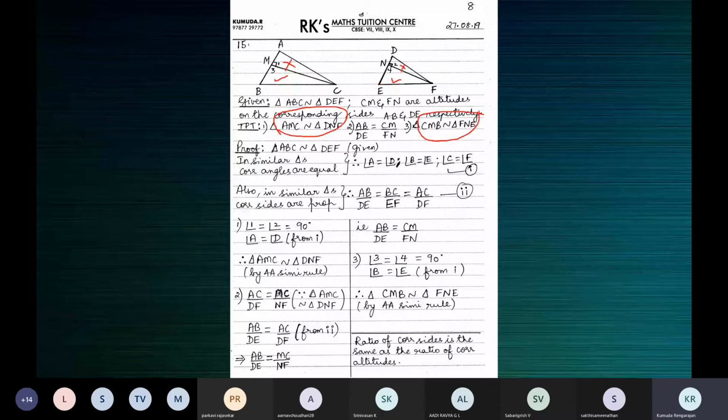Earlier we proved that the triangles on either side of the medians are similar to each other. Also that the ratio of the corresponding sides is the same as the ratio of the corresponding altitudes. In triangles ABC and DEF, AB and DE are corresponding sides, and AB by DE is equal to CM by FN.